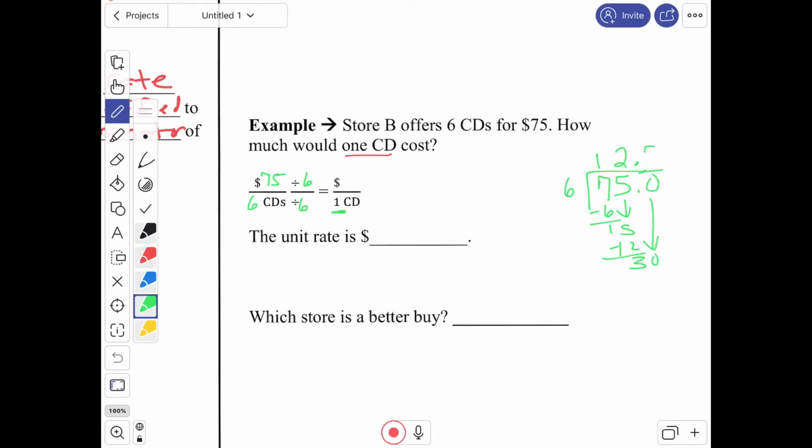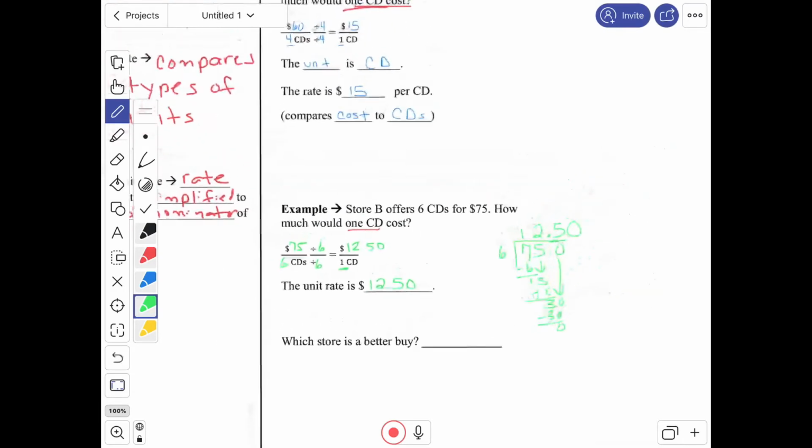And this is money, so we're going to change it to a decimal, not a fraction. And since it is money, we want 2 spaces after the decimal, not 1. And I would get $12.50. So the unit rate is $12.50.